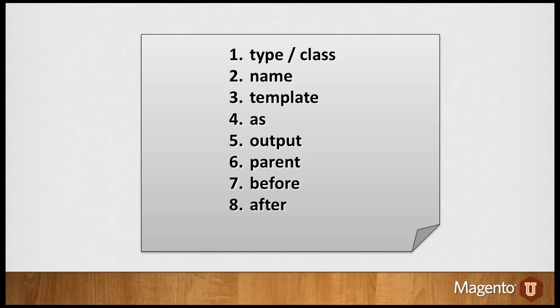You can even redefine a parent block using the parent attribute. This directive overrides regular XML nesting where a parent is defined naturally. But I must admit its usage is very rare. As you would expect, the before and after attributes are used to position your block before or after the specified block.